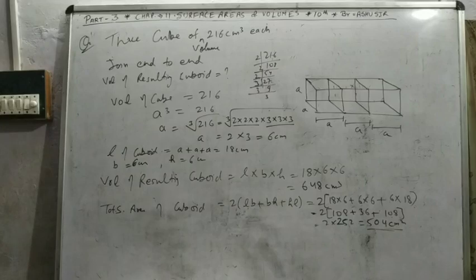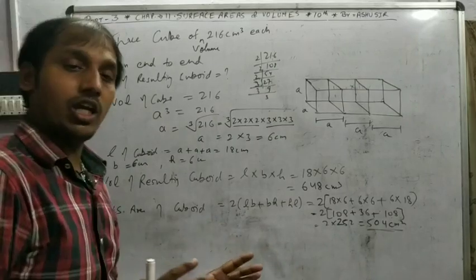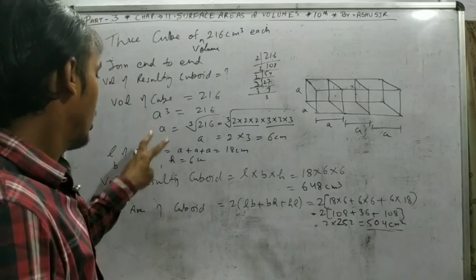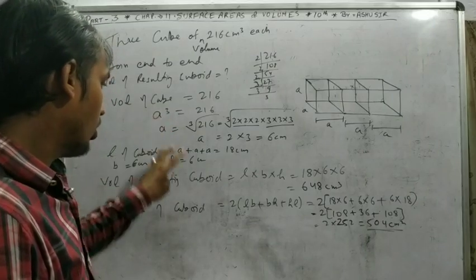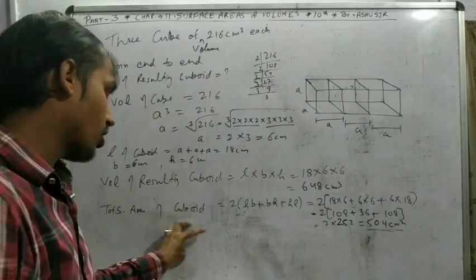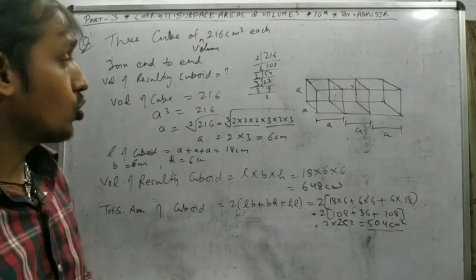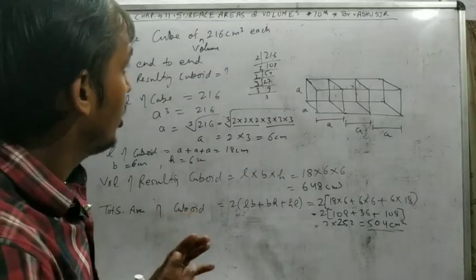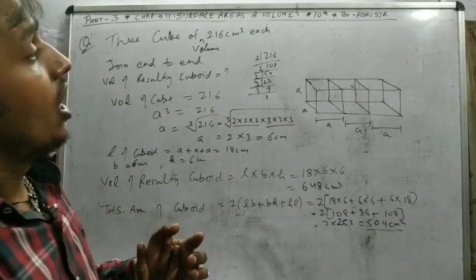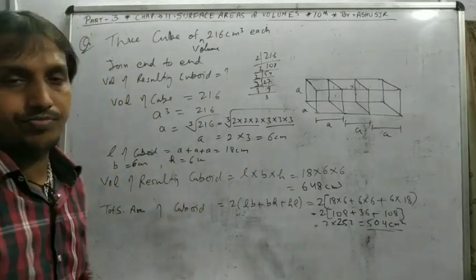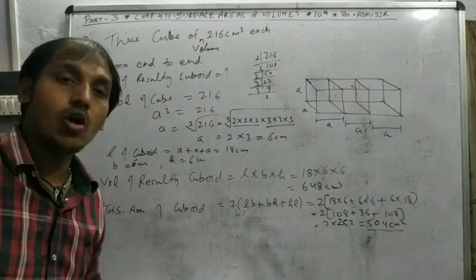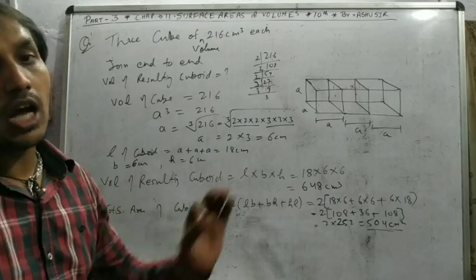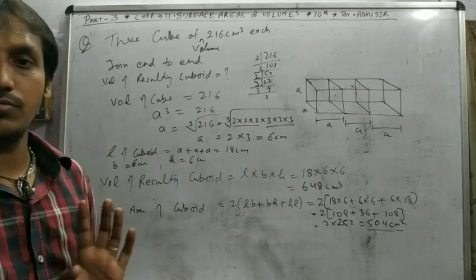I hope you understand that here we have to use three formulas: volume of cube, volume of cuboid, and total surface area of cuboid. If you know the formula, you can solve the question easily. Otherwise, it is very difficult.